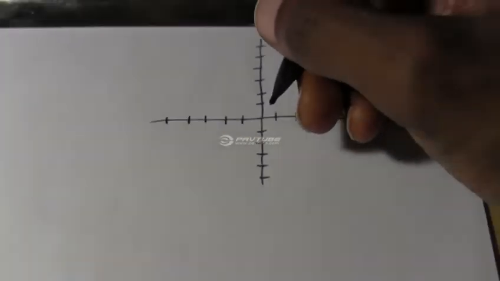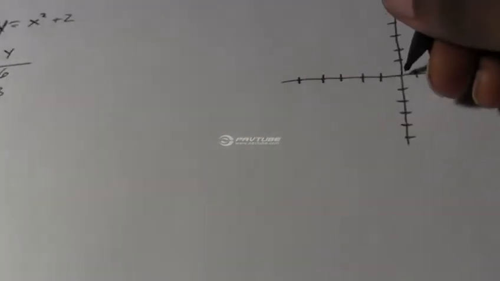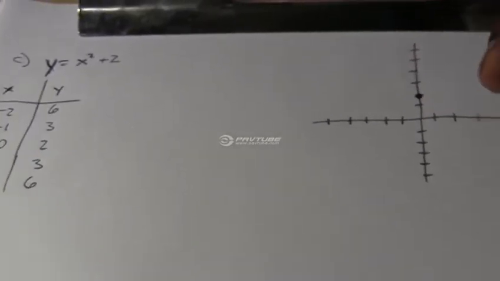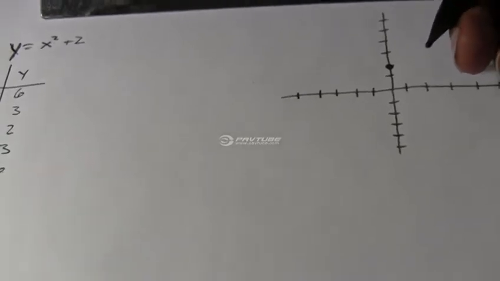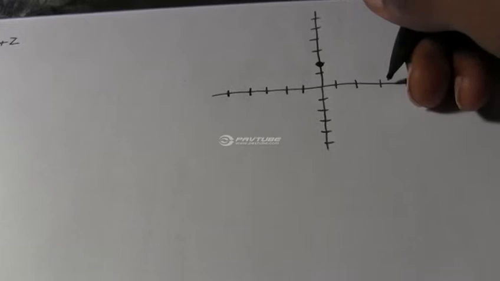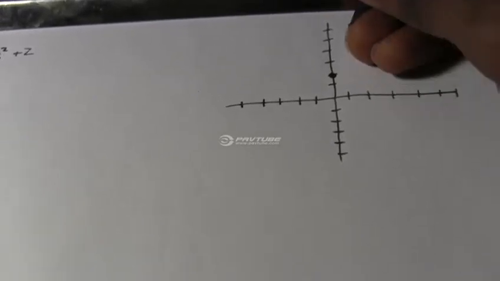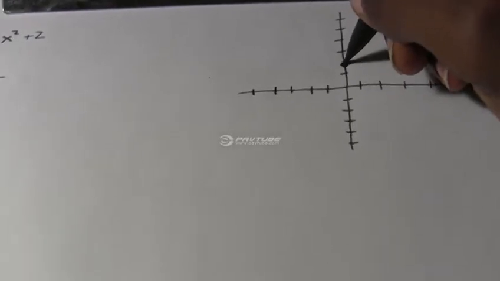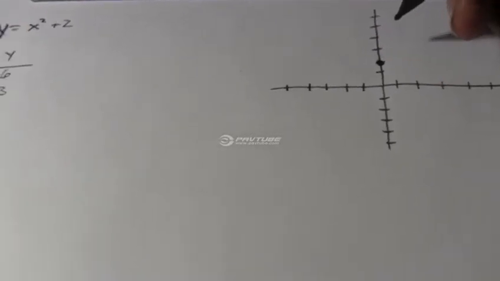So now we come over here. 0 is 2. So 0 goes up to 2. Now it should start to look a little bit familiar, because the same thing is happening. We're just translating it up now. Remember, we translated it to the right, so it looked exactly the same from here. It was just over here. Now we're just moving it up, and we're going to end up making it look just like that.